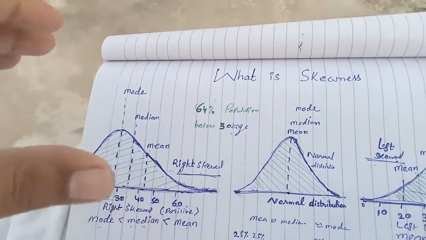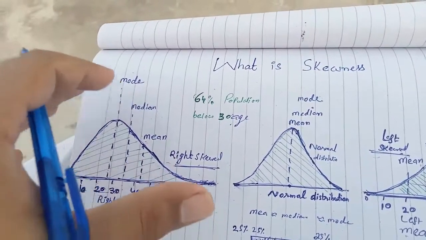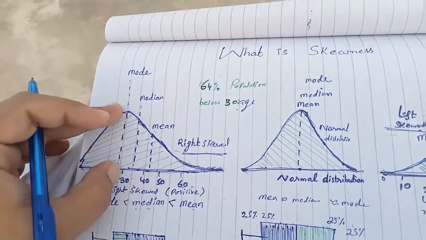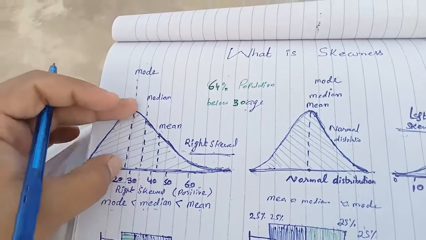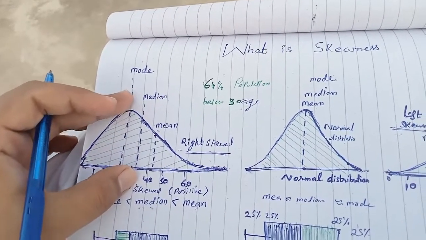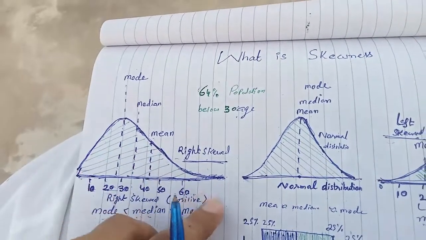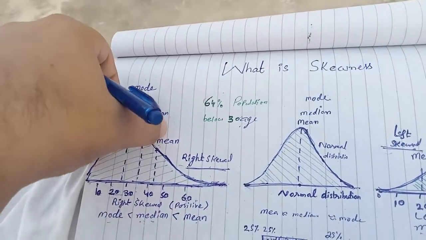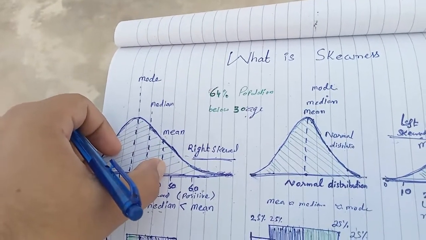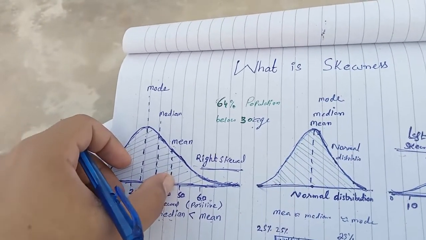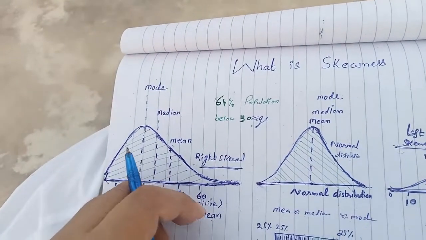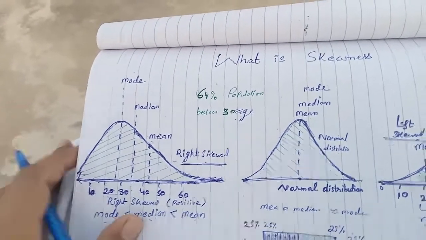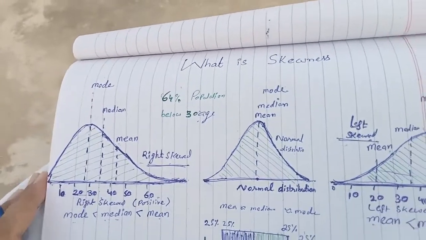But lots of population lie at that point, those who do not have so many properties or wealth as compared to the richest ones. So we will lie here, because mostly persons are not as rich as compared to Elon Musk and Bill Gates. They are very, very rich people.